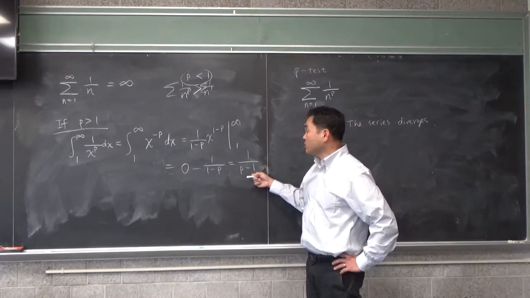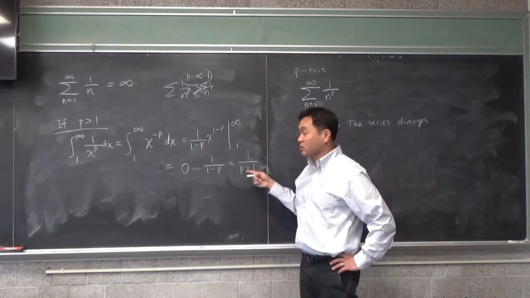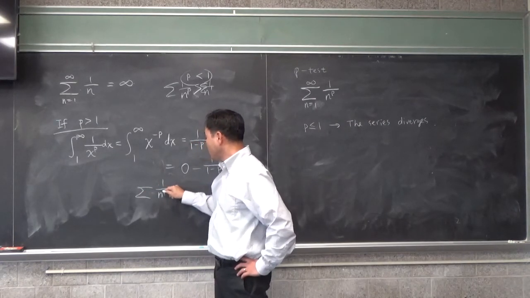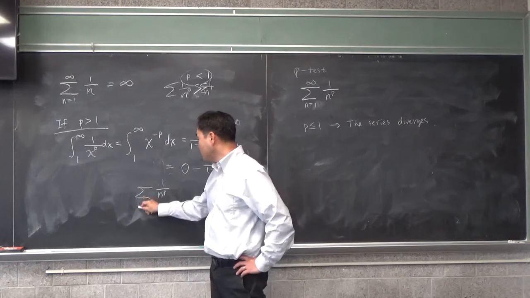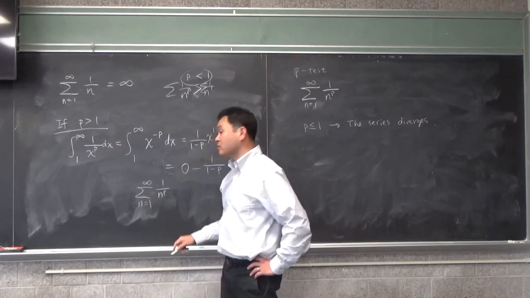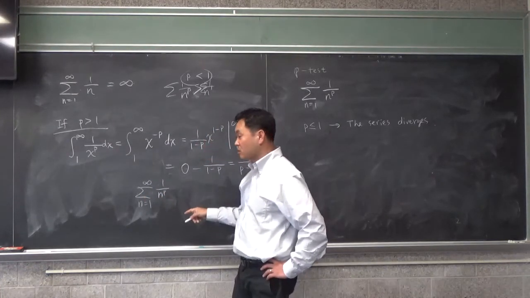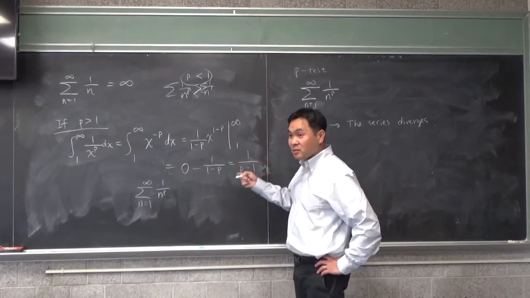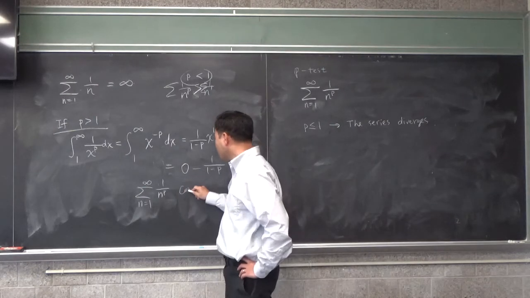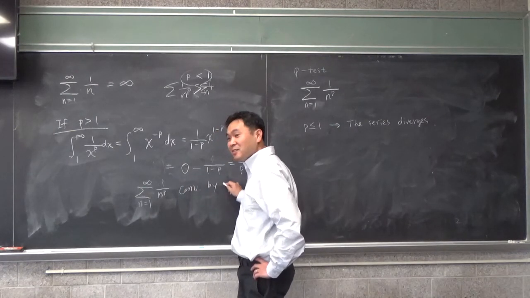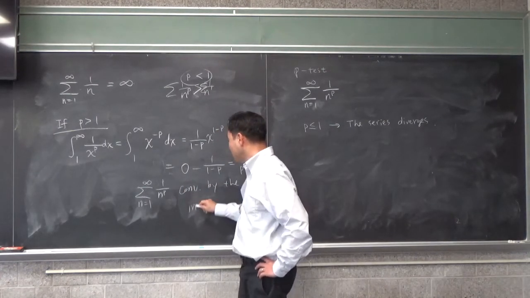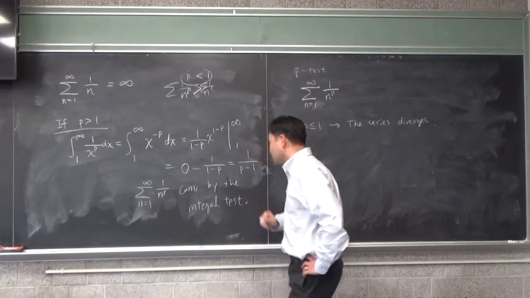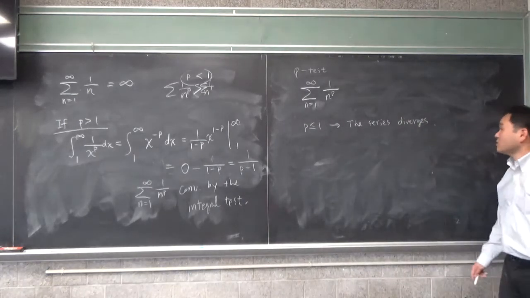Okay? So since this integral converges, what can we say about the sum of 1 over n to the pth power? Converges or diverges? It converges by the integral test.